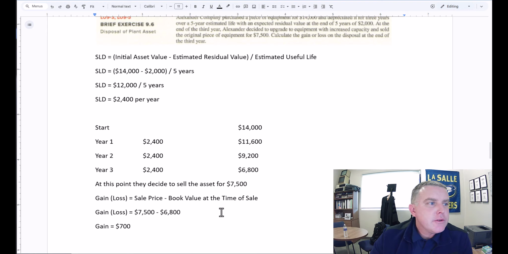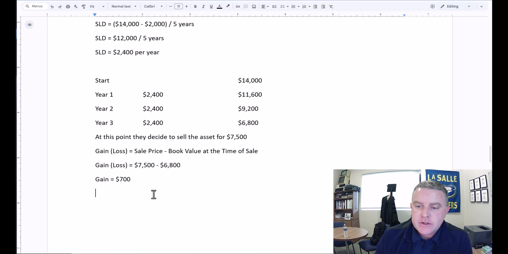If you wanted to do the journal entry for this, it's very straightforward. We would debit cash for 7,500. That's the cash we got for selling this asset. We also need to get rid of accumulated depreciation.